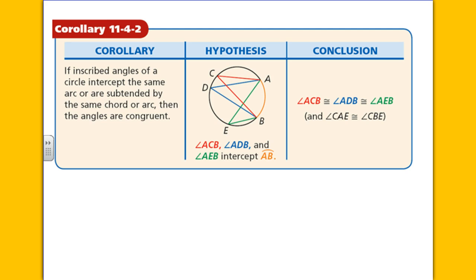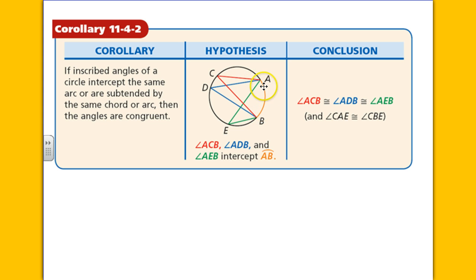This corollary says, and this is not hard to imagine, if inscribed angles of a circle intercept the same arc or are subtended by the same chord, then their angles, of course, would be congruent. Look at this arc AB.